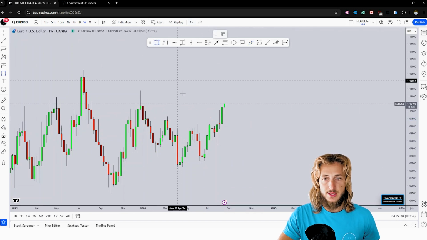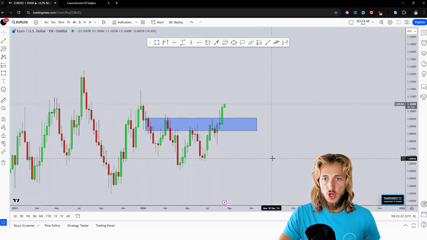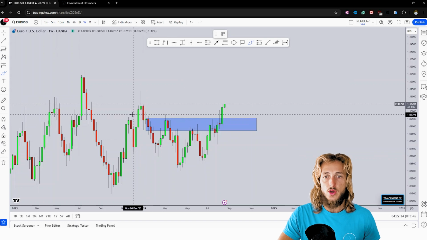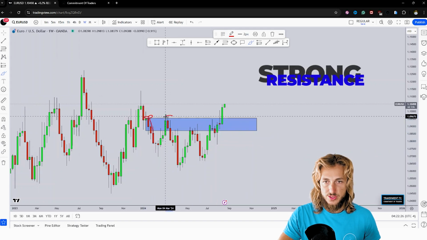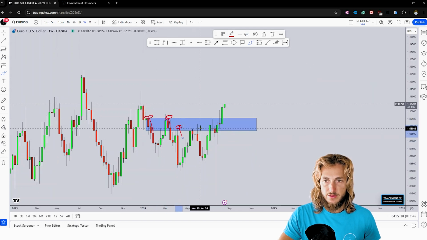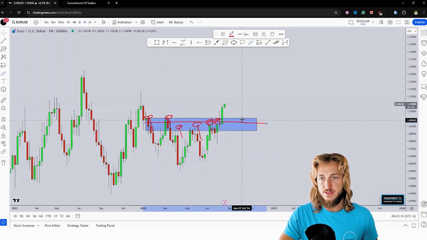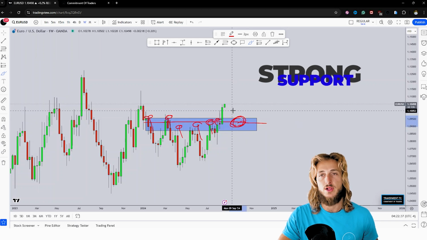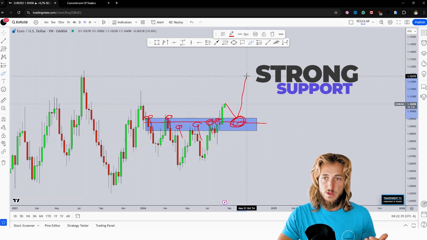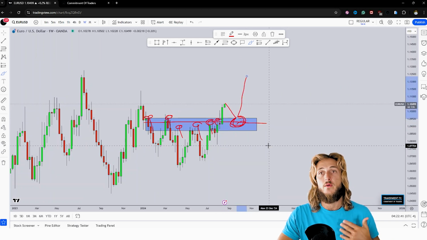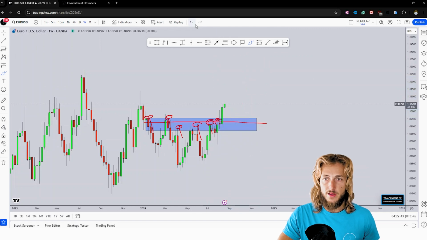We can also notice that if we have to identify the structure, all this zone is previous weekly resistance from which these previous rejections to the downside have been created. And now the market has broken above the zone. So all this previous resistance is now turned support at this level.